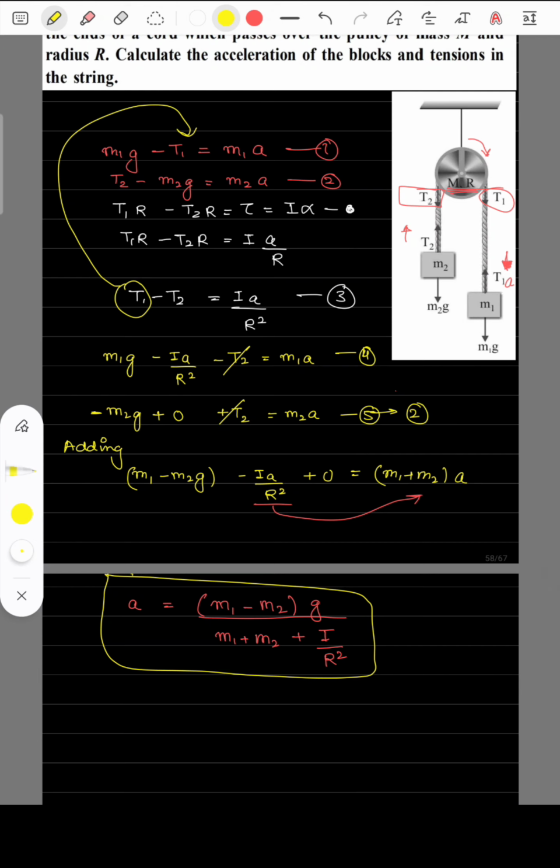If you remember what we have discussed earlier in laws of motion, only this part was coming out, means this is the extra term which we need to consider in case of rotational motion.